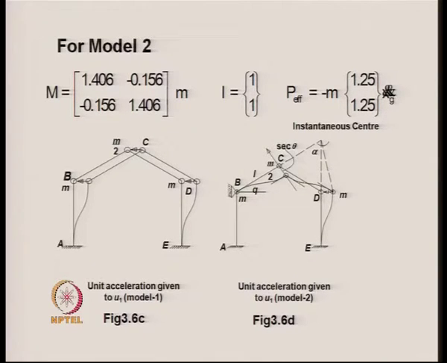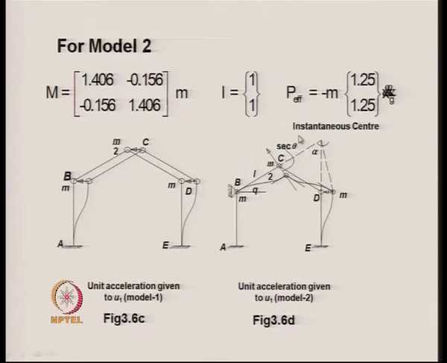Similarly, one can find out the second column of the mass matrix by considering the unit displacement at the second degree of freedom, locking the first one, and resolving the forces in the same fashion as we have discussed before.